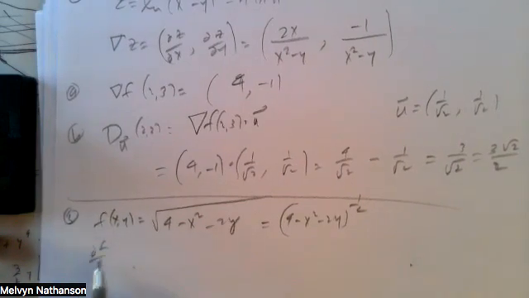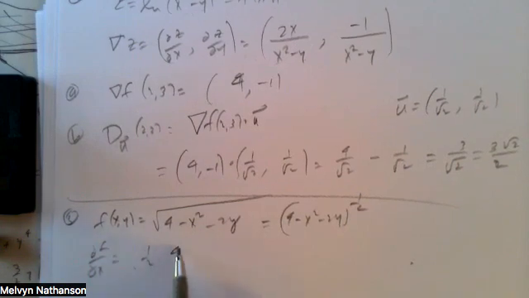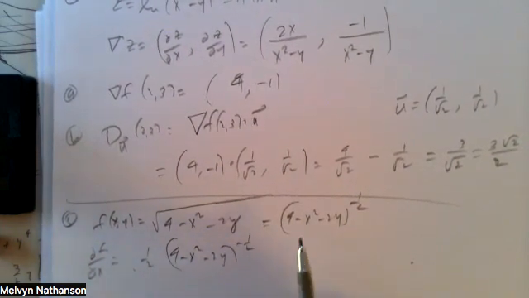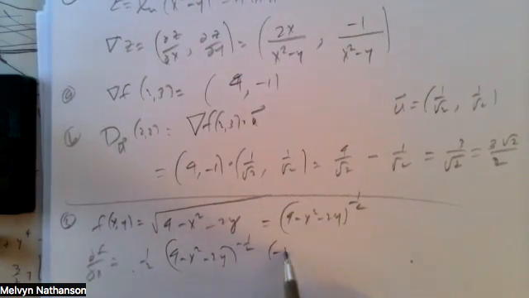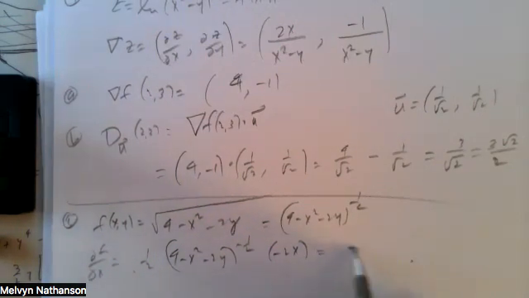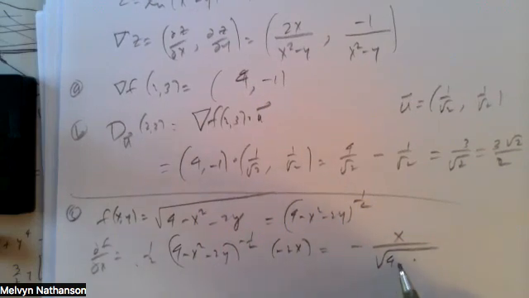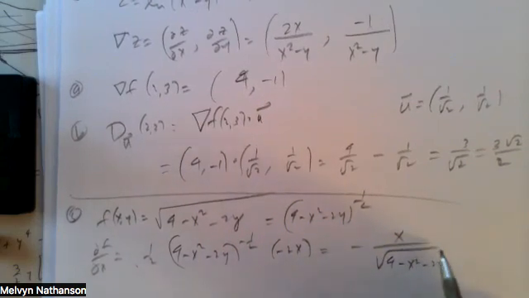So the partial of f with respect to x is 1/2 times 4 minus x squared minus 2y to the minus 1/2 times the derivative of this with respect to x, which is minus 2x. The 2's cancel, so this is minus x over the square root of 4 minus x squared minus 2y.